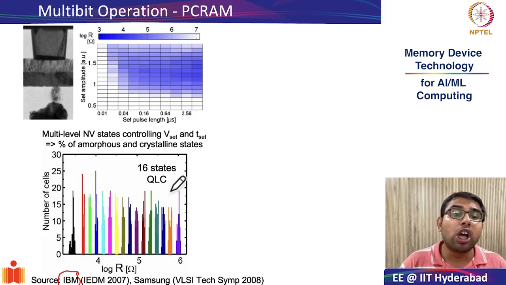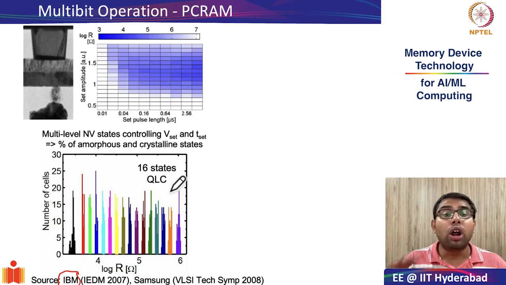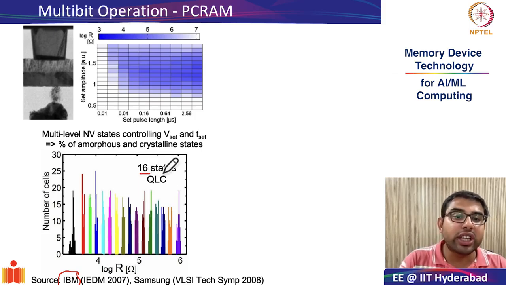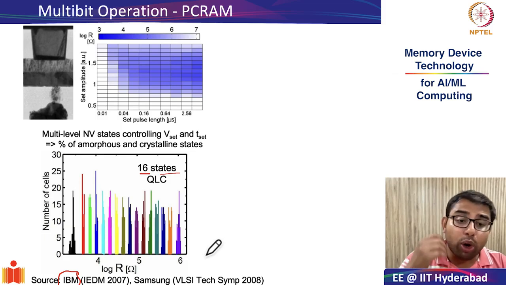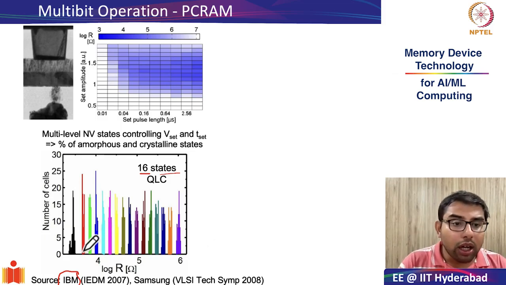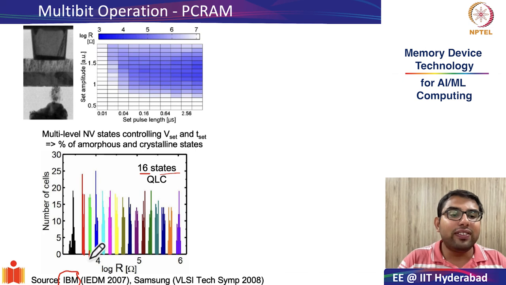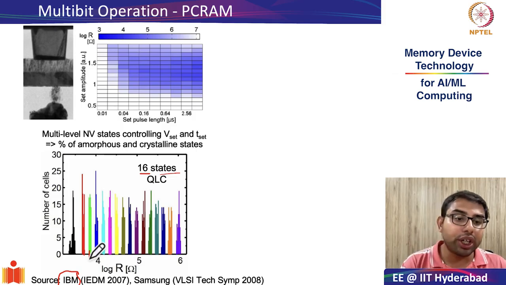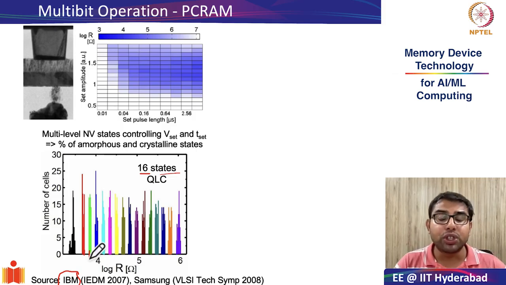Remember, QLC was quad level cells or 4 bits per physical cell, which shows 16 states. As you can count over here, there are 16 states spread over almost 3 to 4 orders of magnitude. What is also remarkable is that the spacing between the resistance values of neighboring states is more or less linear. So this was a wonderful observation by IBM Labs.